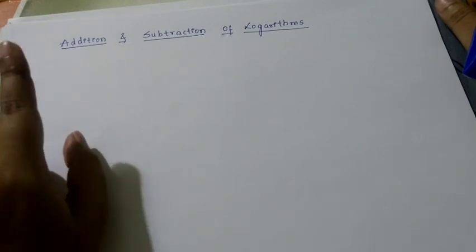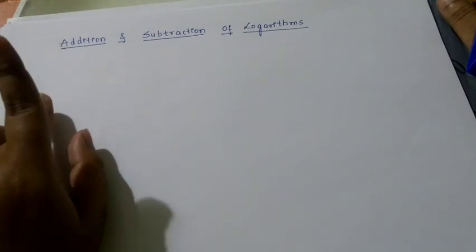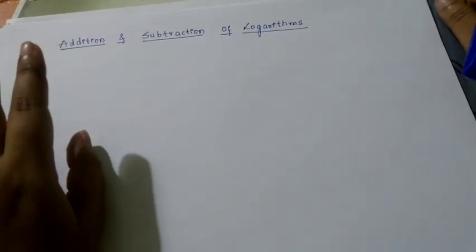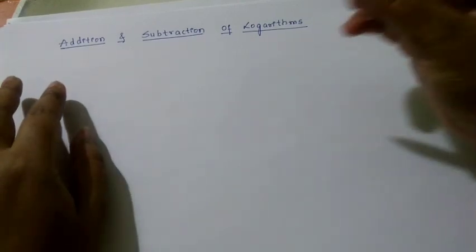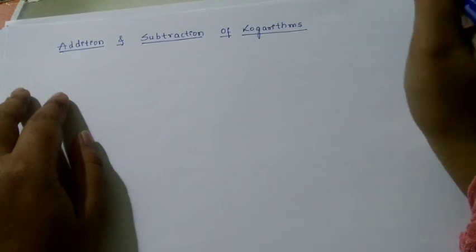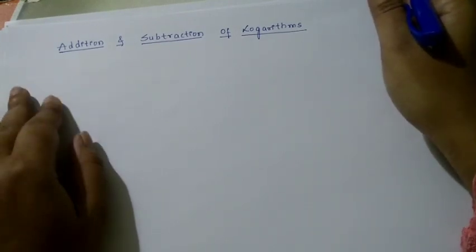In the previous class I had given you one last example, to interchange numerator and denominator, then solve for the value. To solve that, knowing these concepts like addition, subtraction, multiplication and division of logarithms is very important. Why is it important?